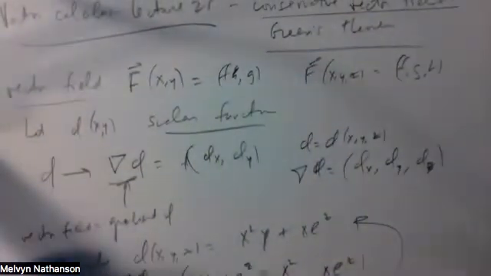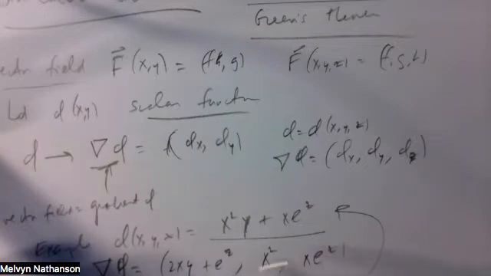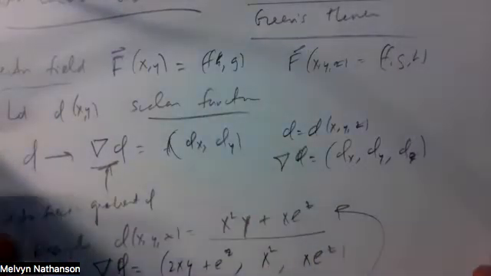So in the example we just looked at, here was the function phi. Here were the first derivatives. The second derivatives are also continuous. The second derivative with respect to x, y, or z of any of these functions is still continuous.